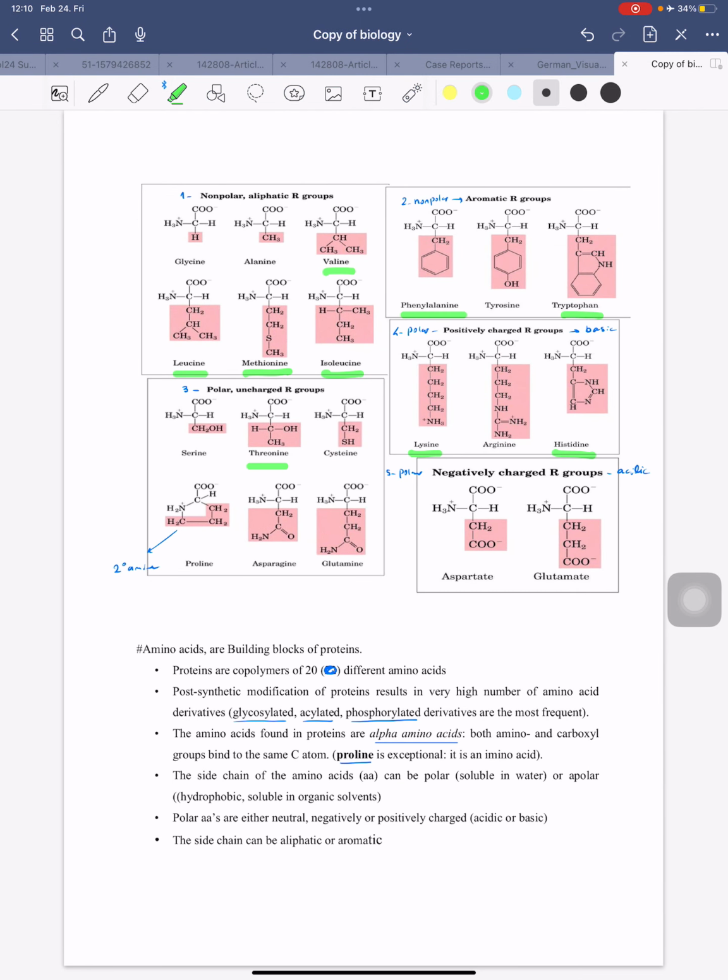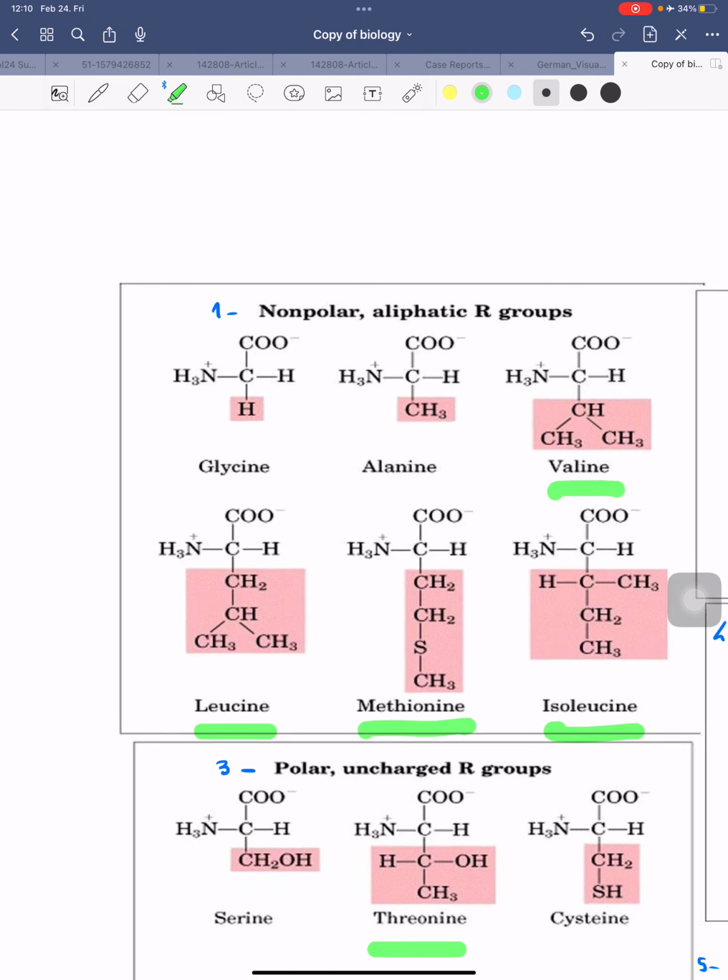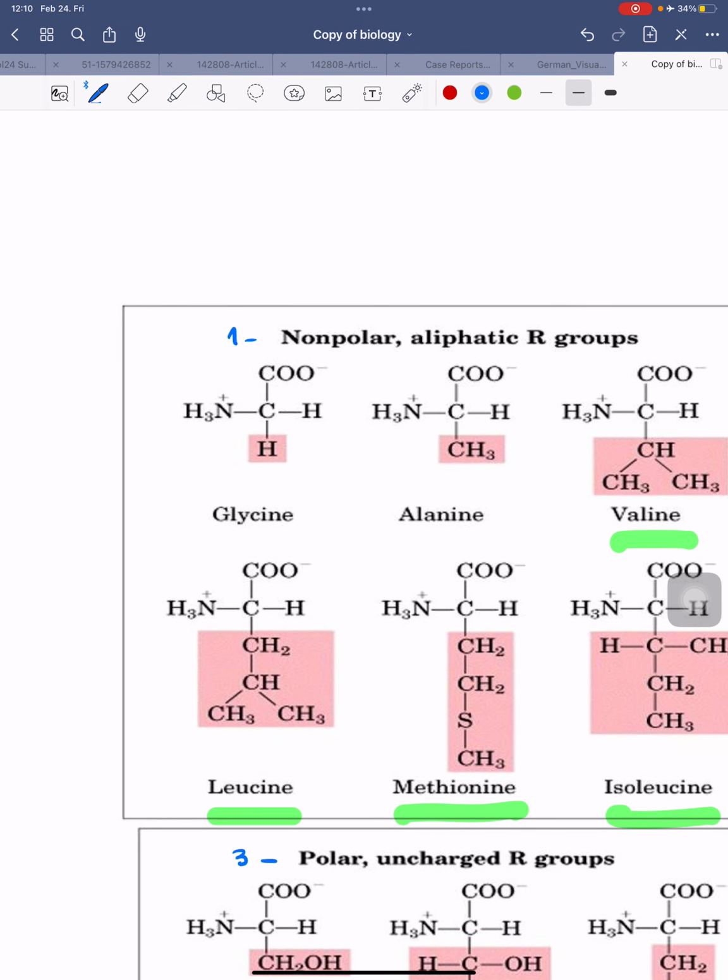Another thing is very important, I have to explain it. We can have two types of structure. One type we can write in the normal form, for example I draw glycine as a normal structure, but sometimes we draw it in the zwitterion form, in which the carboxylic acid loses a hydrogen and becomes negative, and the amine group accepts the proton and becomes a positive group.